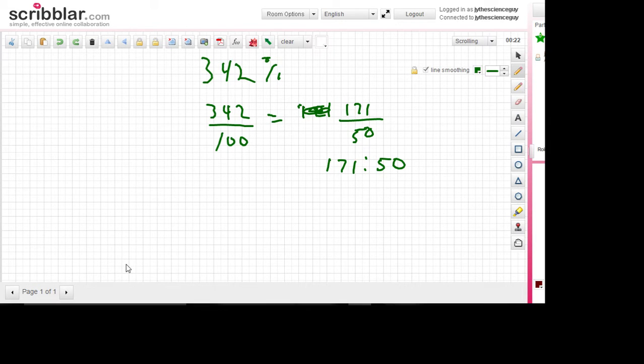Okay. So when you do a ratio, 100 always goes on the bottom, because if you're doing a percentage, 100 always goes on the bottom. That's the percent of 100%. Okay. Right. All right.